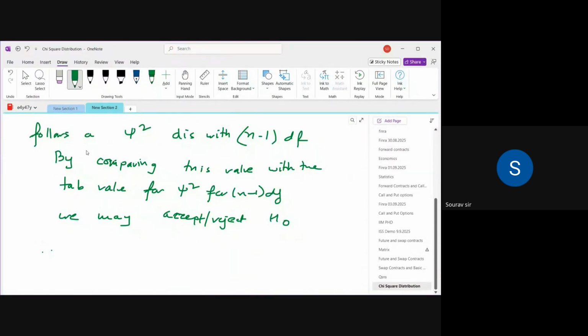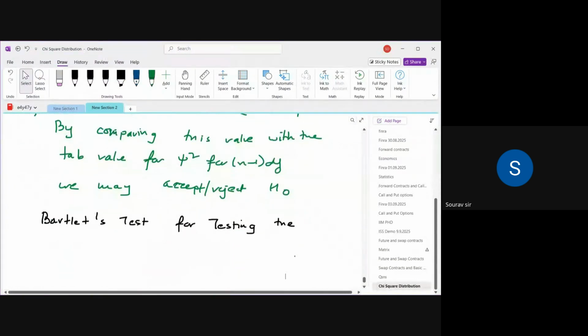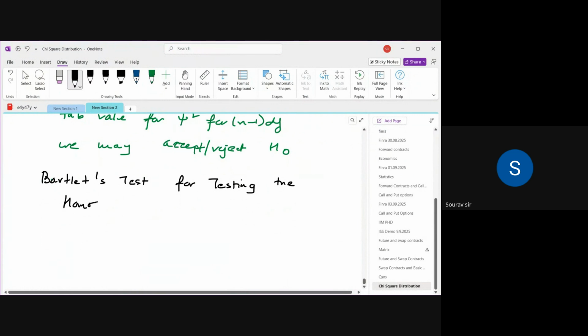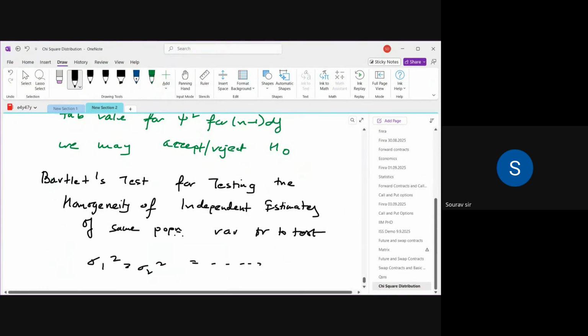For chi-square, today I will give you one more theory, that is Bartlett's test for testing the homogeneity of independent estimates of the same population variance, or you can write, to test sigma 1 square till sigma k square.